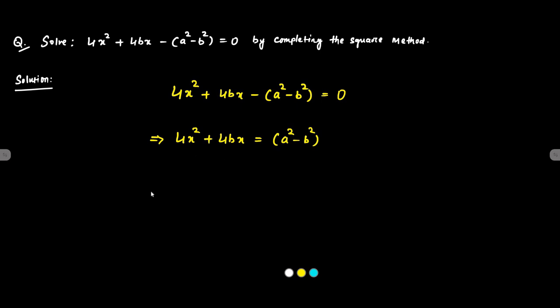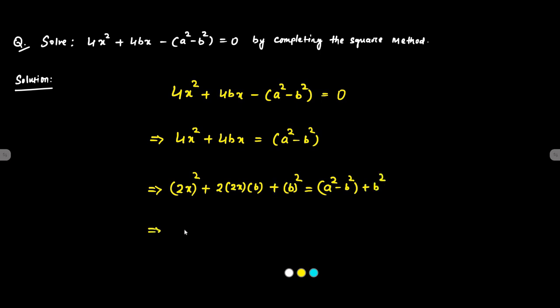So we can write 4x square as 2x whole square plus 4bx as 2 into 2x into b. So this is 2ab format where b is this small b. So b square is added to convert it into 2x plus b whole square format, and here also we'll add plus b square to balance both sides.